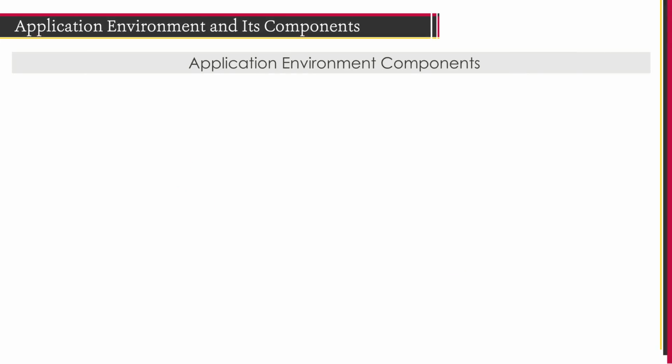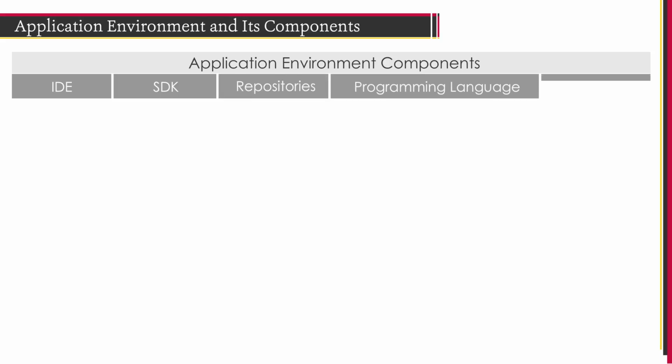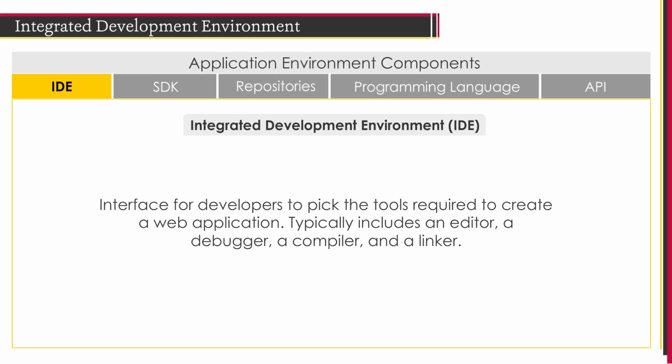Generally, an application environment includes Integrated Development Environment, or IDE, Software Development Kit, or SDK, repositories, programming language, and Application Programming Interface, or API. IDE acts as an interface for developers to pick the tools required to create a web application. An IDE typically includes an editor, a debugger, a compiler, and a linker.